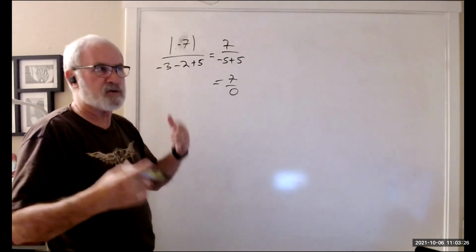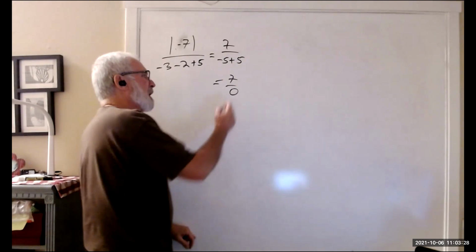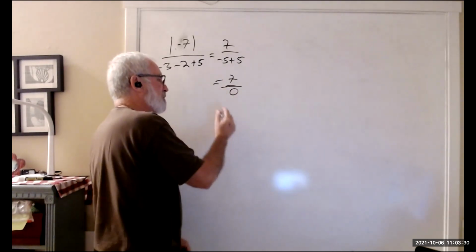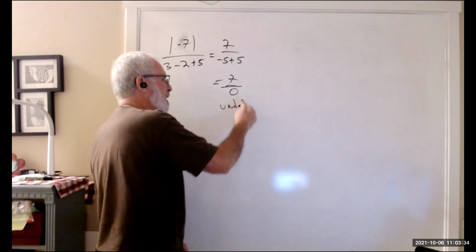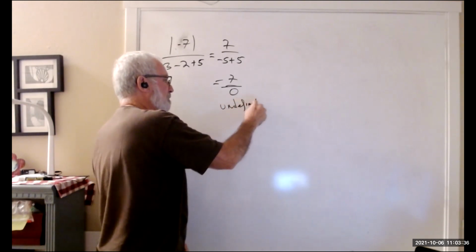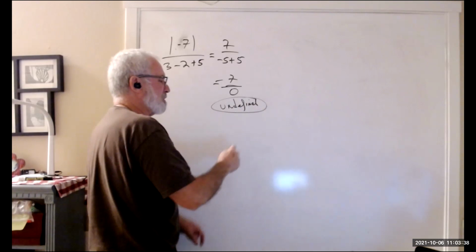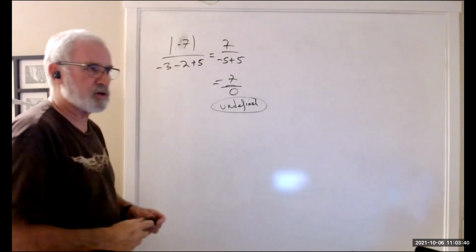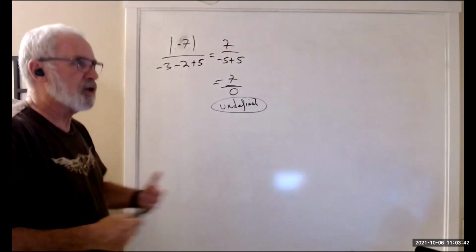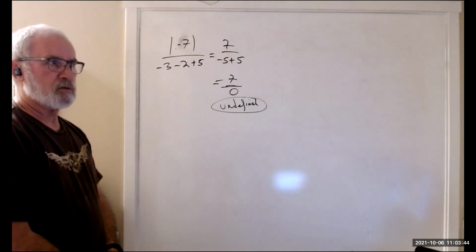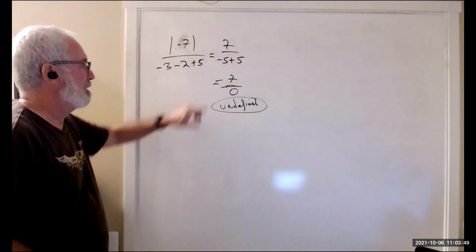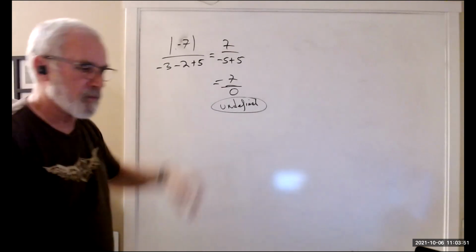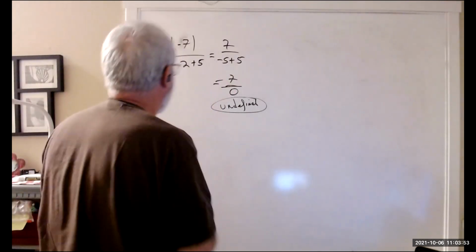There's all kinds of tricky ways, but the basic idea is you can't have 0 in the denominator. It's called undefined. Sometimes it's said does not exist or something like that, but it's undefined. Just absolutely can't be done. 0 in the denominator.